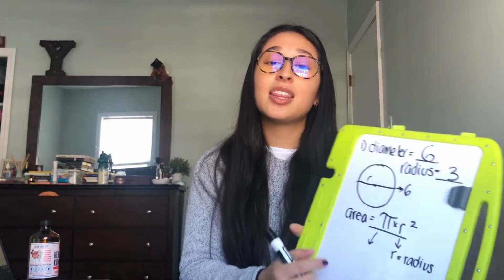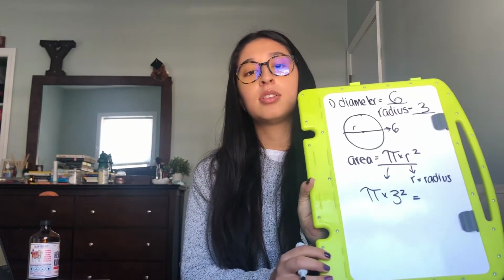Right? So when I go down and I plug in the information that I already know in my equation, I'm going to get pi times 3 squared. 3 squared, what does that mean? Let's go back and think about exponents. Okay, what do exponents mean? It means I have a number at the top, and it's 2, so I'm going to multiply that same digit twice. So 3 times 3, which is going to give me 9.